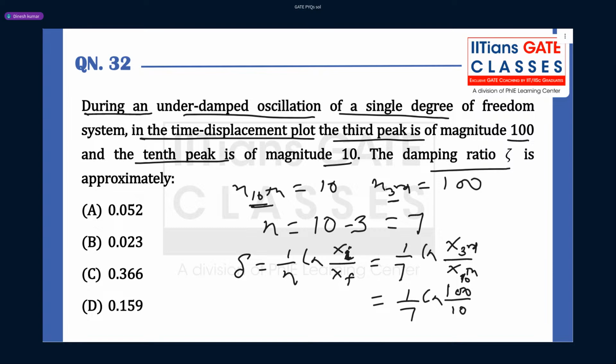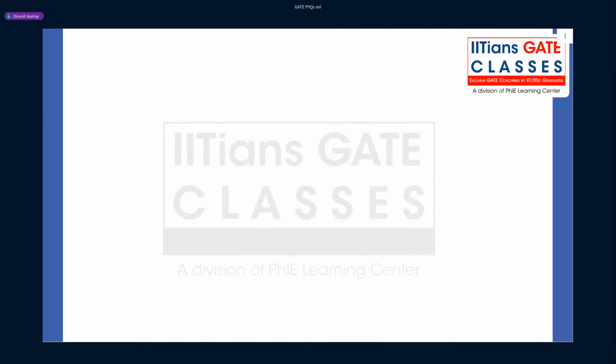So guys, from here find out delta first, and once you know delta, we know delta is approximately equal to 2 pi zeta, and zeta is unknown here. So zeta will be 1 upon 14 pi ln of 10.